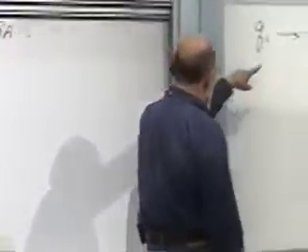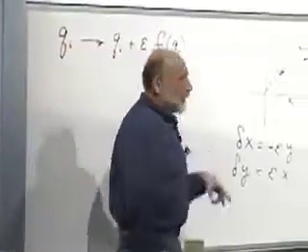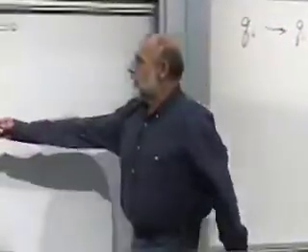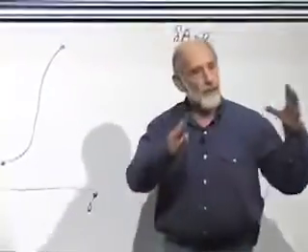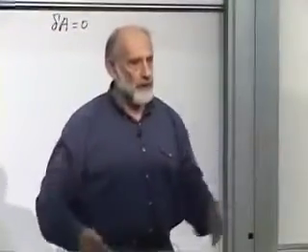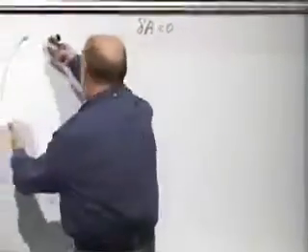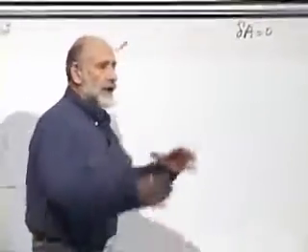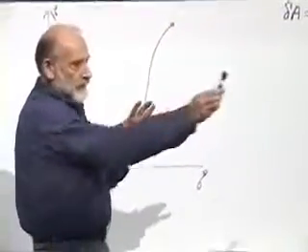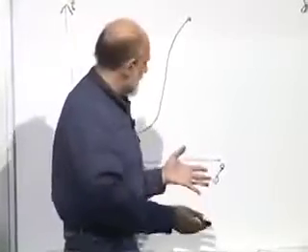What I'm going to do is I'm going to apply the symmetry operation to the trajectory. If the symmetry operation is translation in space, it's just going to take this trajectory and translate it in space. If it's rotations, it's going to rotate the trajectory about some axis.